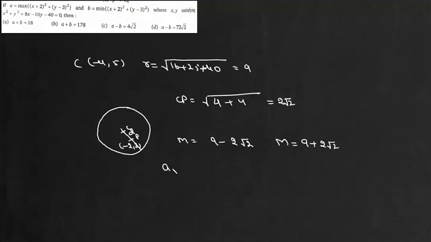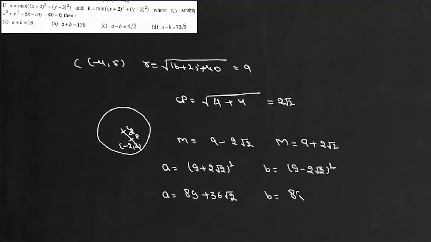So A will be (9 plus 2 root 2) square, and B will be (9 minus 2 root 2) square. So this A is 81 plus 8, 89 plus 36 root 2, and B is 89 minus 36 root 2.